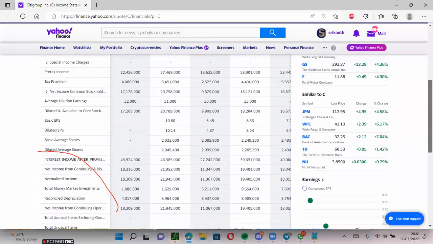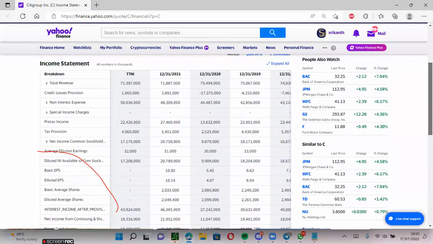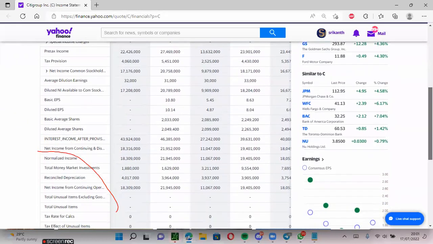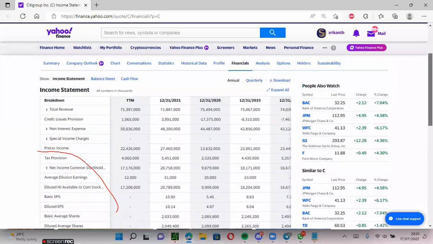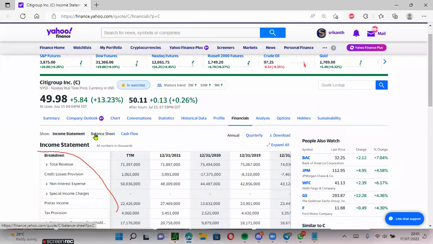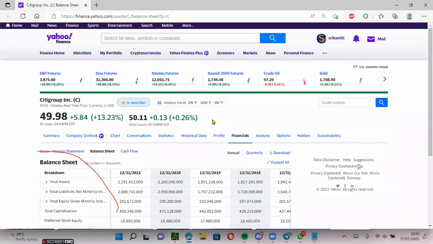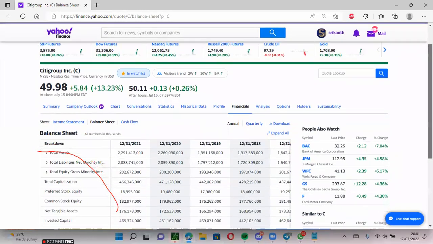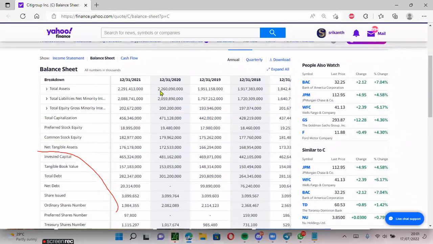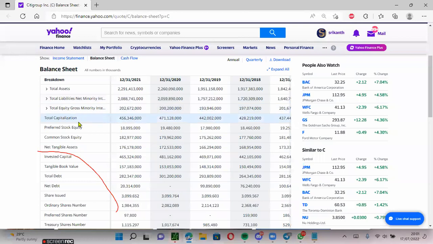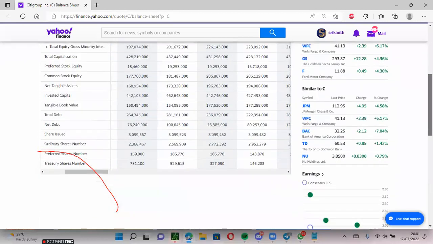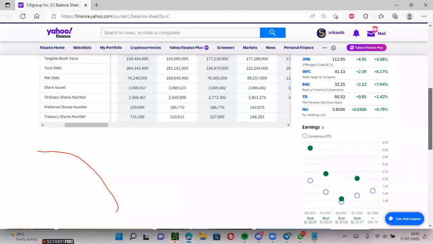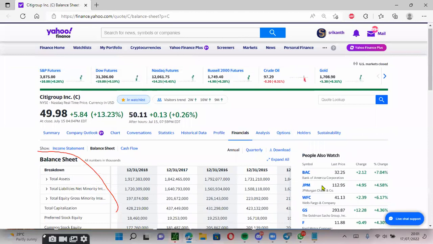You can watch the revenue, earnings per share, and balance sheet: assets, liabilities, total market cap. I have a PDF which I will share sometime, and I need to take one session for fundamental analysis.